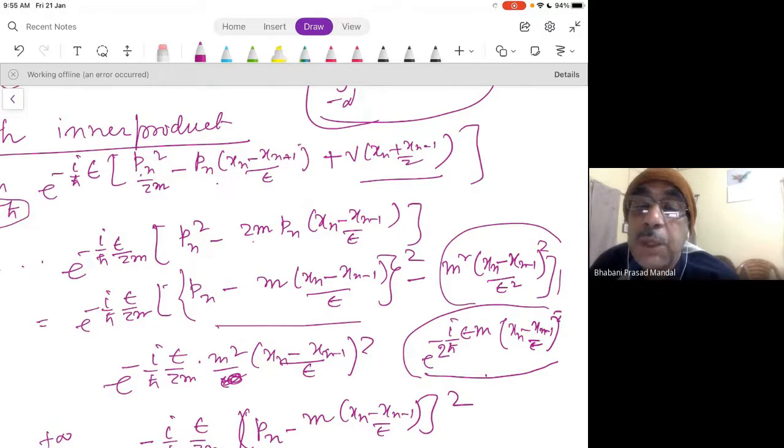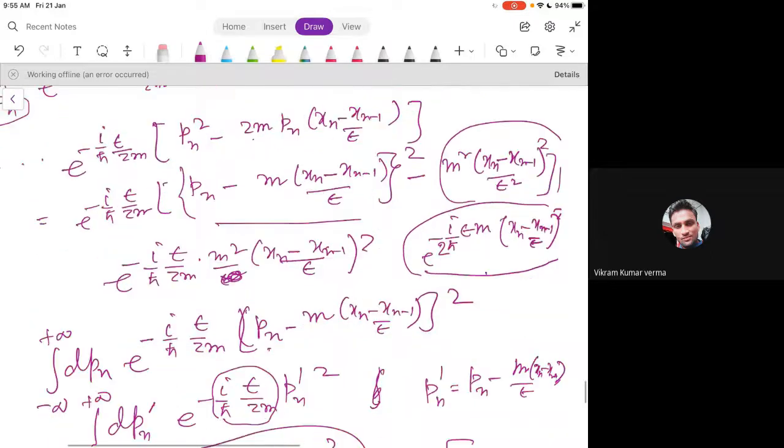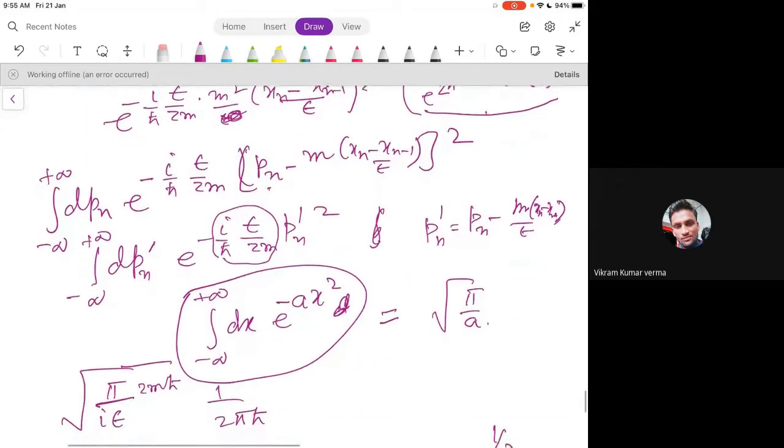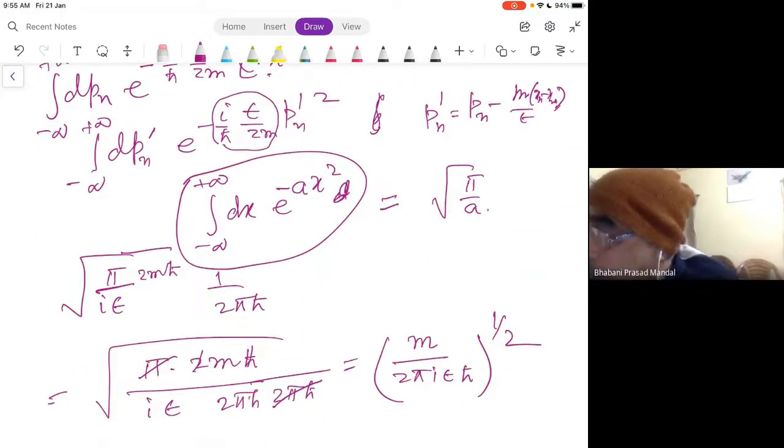Sir, many times we put the 1 upon 2 pi h cut, can I simplify it and directly write 1 upon h? Yes, those things are possible, but first you should know what the amplitude is. You should write the calculation once.